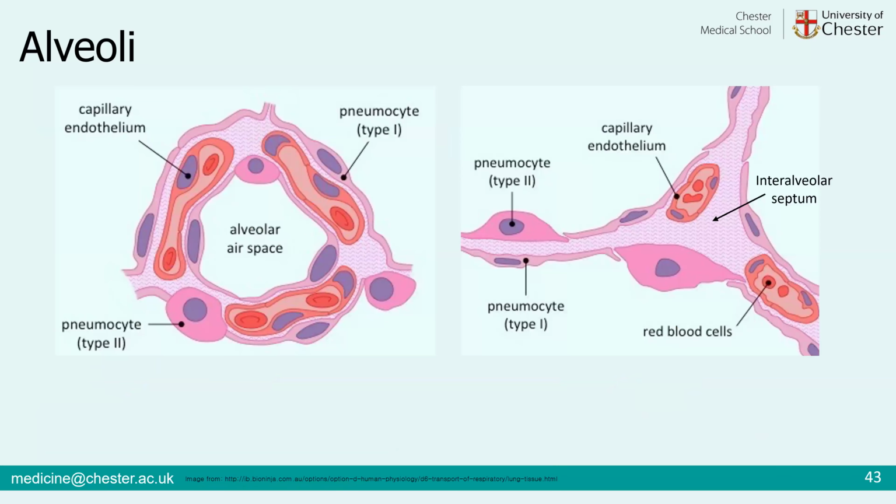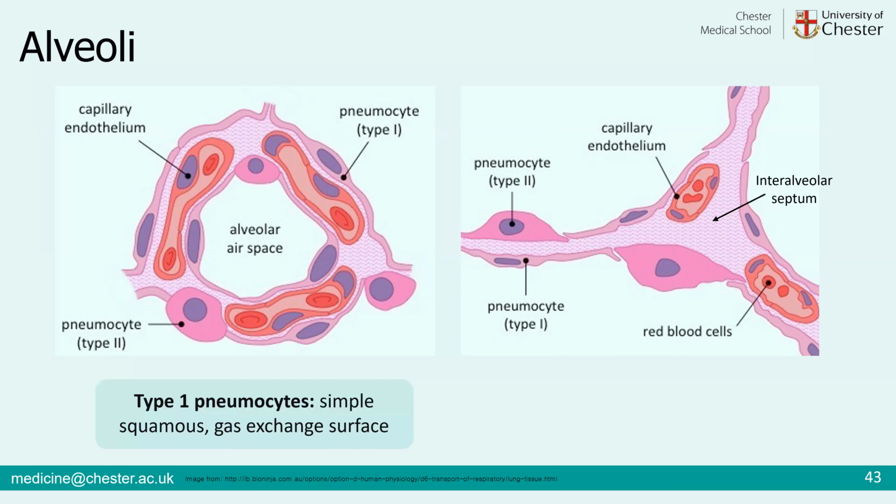So, a cartoony diagram to start with. This is one alveolar airspace. There'll be another airspace here, another airspace here, another airspace there. So you can see we've got two quite distinct types of cell forming the wall of the alveoli. We've got these very flattened out cells, which are type 1 pneumocytes.